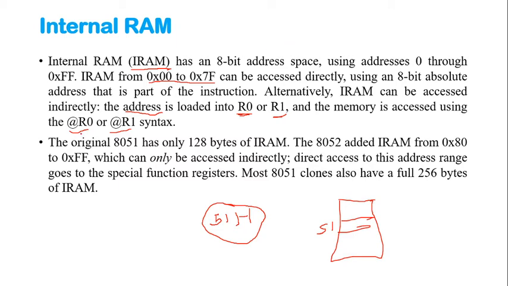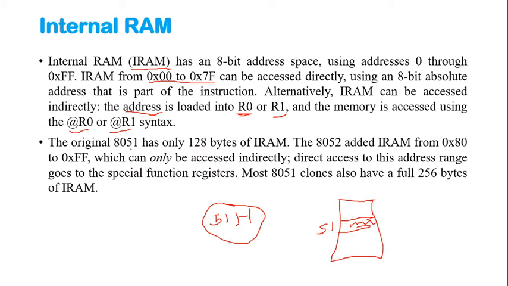It means it is going to find the data, not the address. If we only consider R0, it is treated as data, but whenever we write @, it means it is the address from where we need to look into the memory location. So 51H is the address, at this address we have some data in our memory location, and that data can be fetched by the instruction.